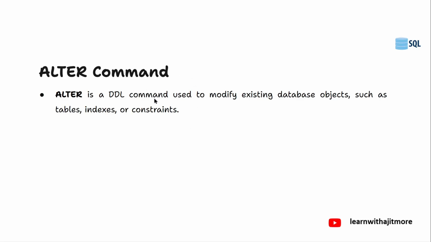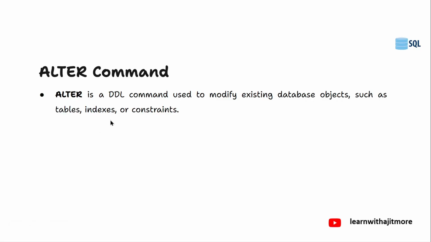So alter is a DDL command, data definition, used to modify existing database objects, like the table structure you want to modify, or the constraints you want to modify, like when you created a table but forgot to add a constraint. So you can add the constraint, you can remove constraints, or if you want to add an index to it.